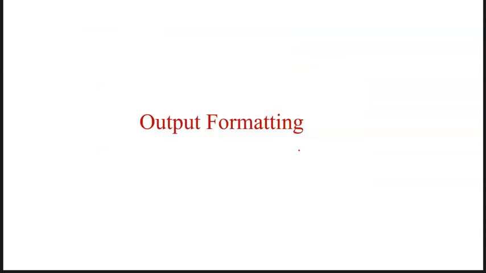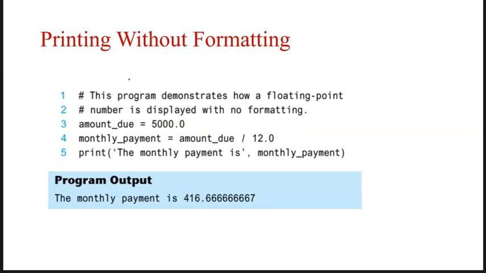Okay, so now let's look at how to format the output. This is a simple program in which you're trying to print a real number. Let's say the amount due is 5,000. You're calculating the monthly payment by dividing the due by 12, and so you get this output. You can see that by default Python goes to the max precision it can.